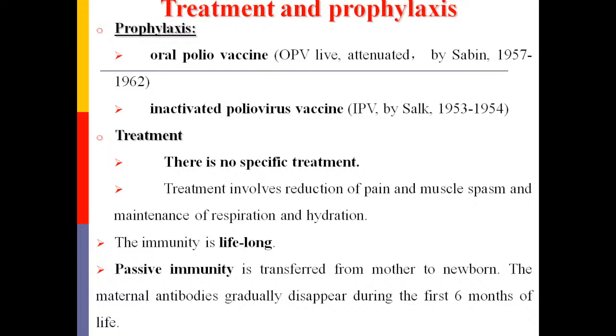The immunity after polio is lifelong, and it's very important that there is a passive immunity in polio. It's transferred from mother to newborn. The maternal antibodies gradually disappear during the first 6 months of life.